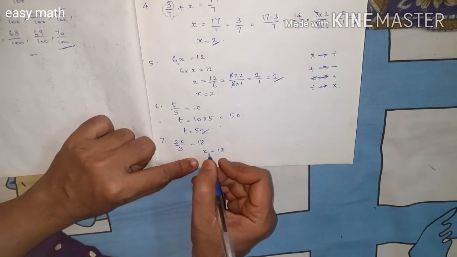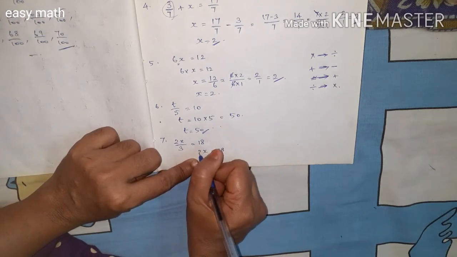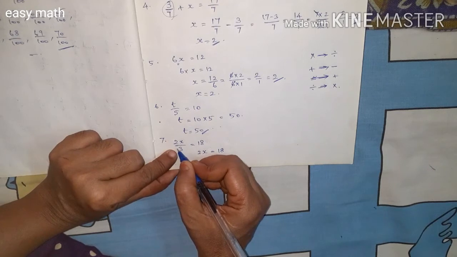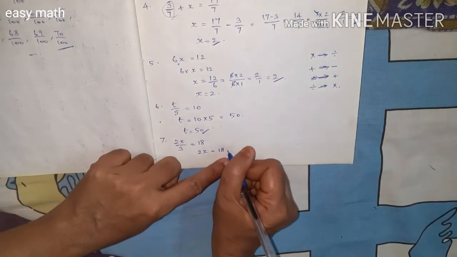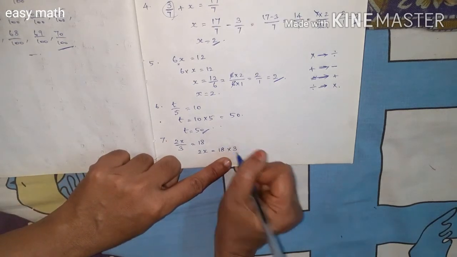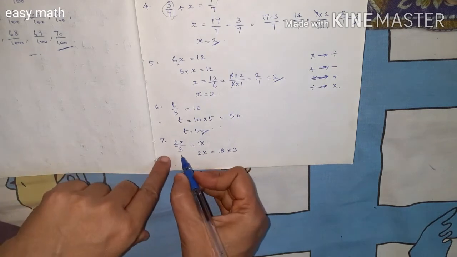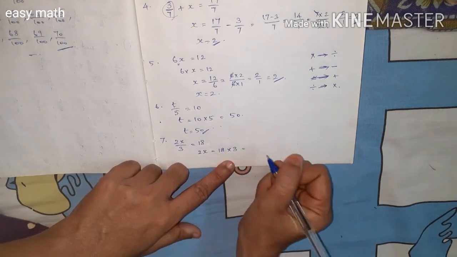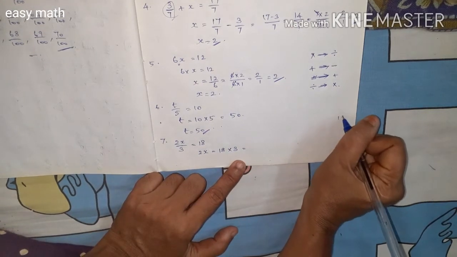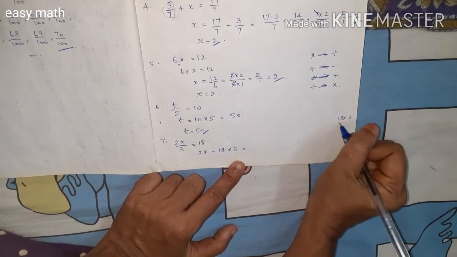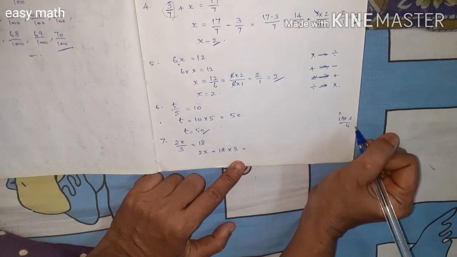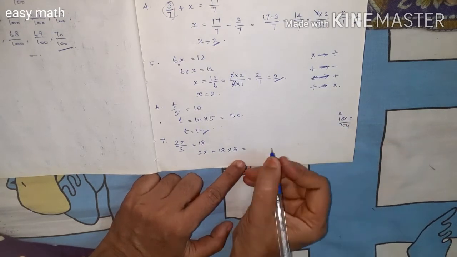We can keep 2x as it is. When divided by 3, it becomes into 3. That's equal to 18 into 3. 8 3s are 24, 3 1s are 3, 54.